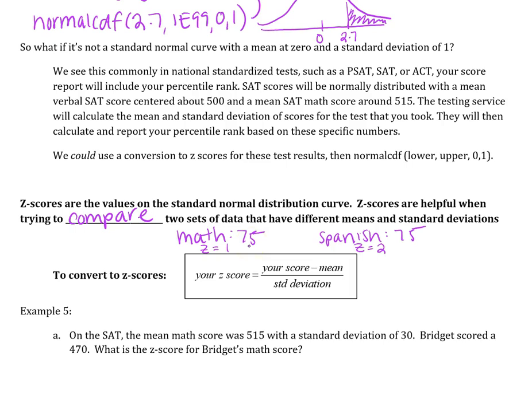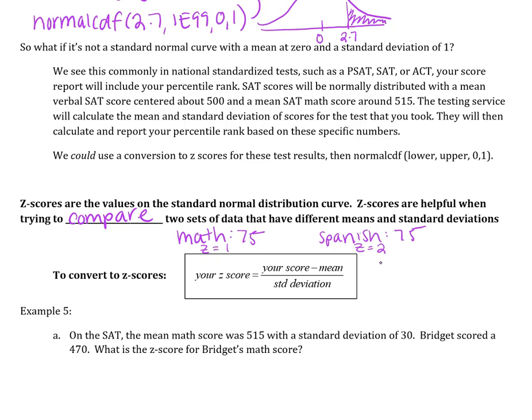So you could argue then that your math test was a bit tougher for you than your Spanish test, because even though you got the same grade, you performed much better than everybody else on Spanish. Okay, and that's how it allows you to compare data sets.